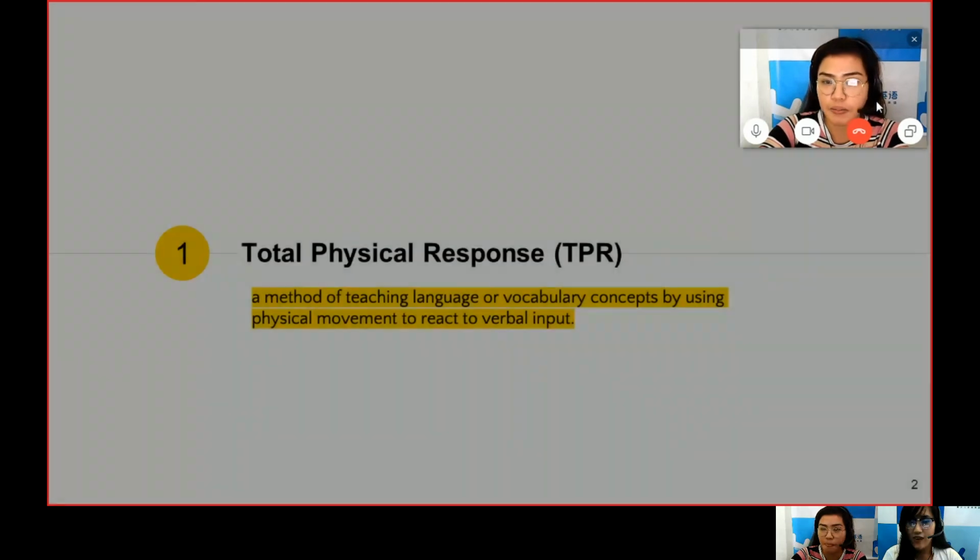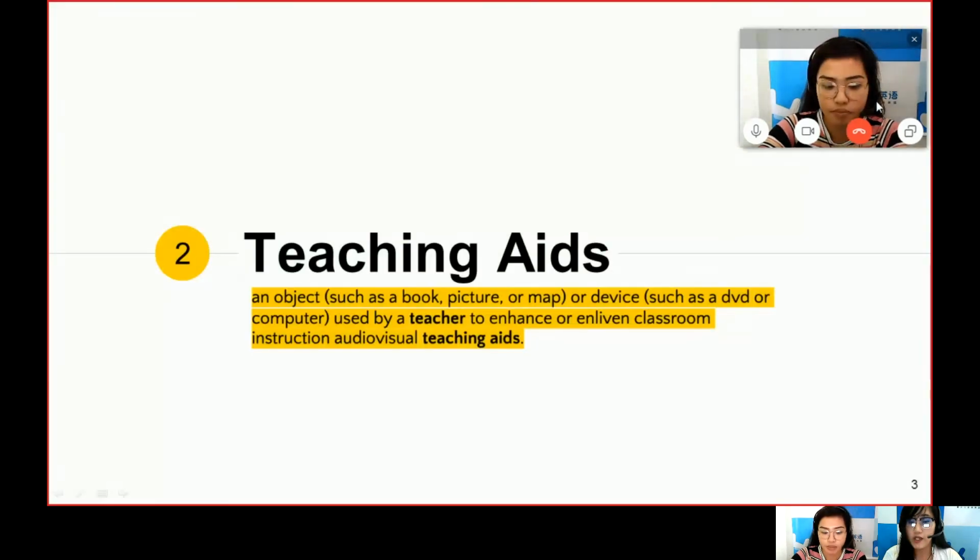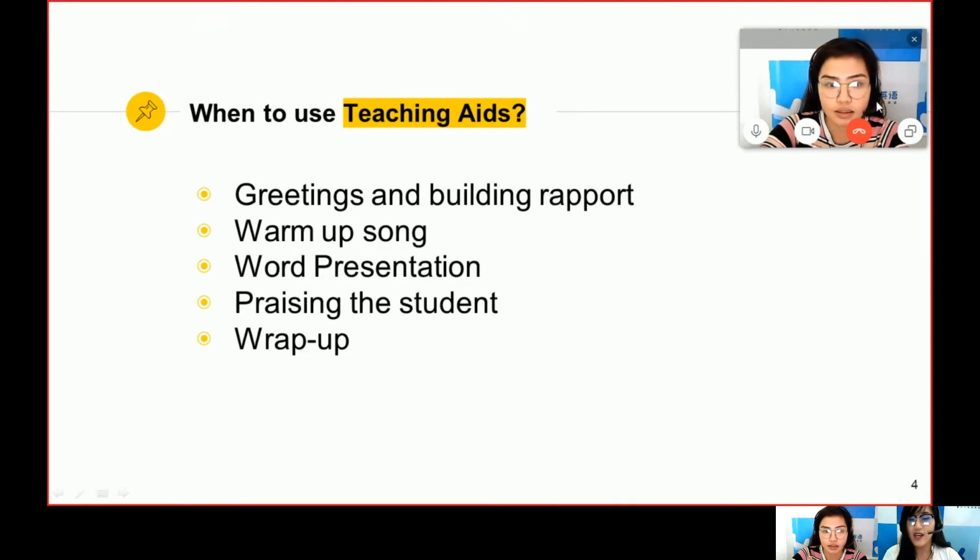Okay, first TPR, then teaching aids. So here is when to use the teaching aids. First is greetings and building rapport. You can have your hello word like I have here.